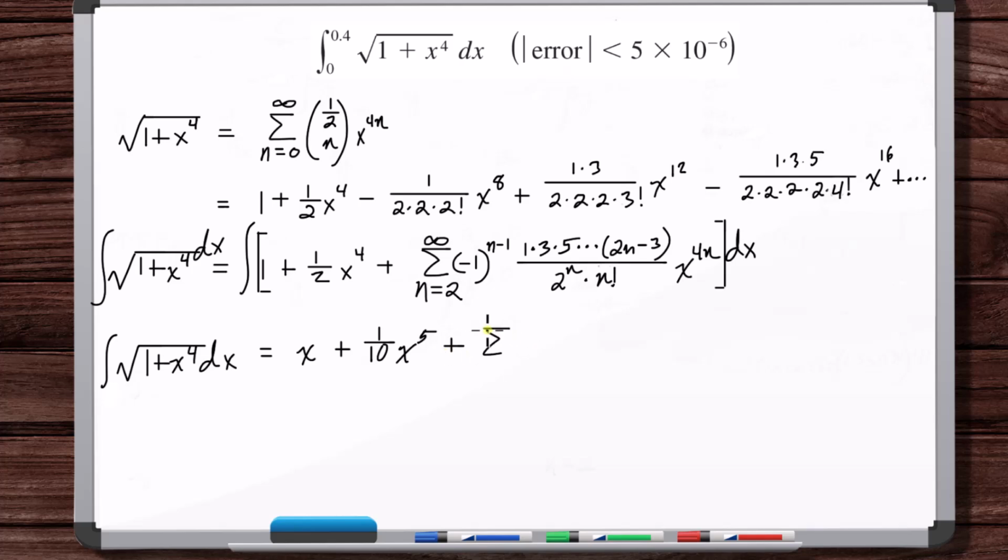Plus minus 1 to the n, and then x to the 4n plus 1 over 4n plus 1. So 4n plus 1 times 2 to the n times n factorial, and then 1 times 3 times 5 times x to the 4n plus 1. And there's also a plus c.